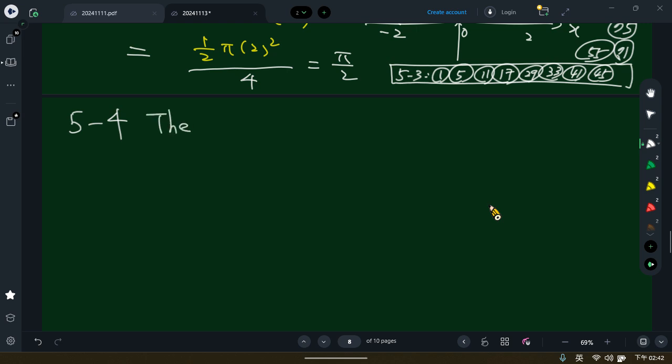It will be the fundamental theorem of calculus. This is very important.